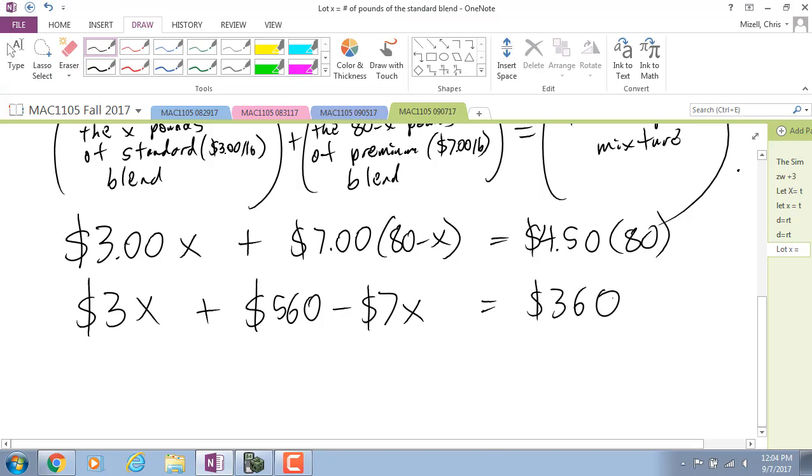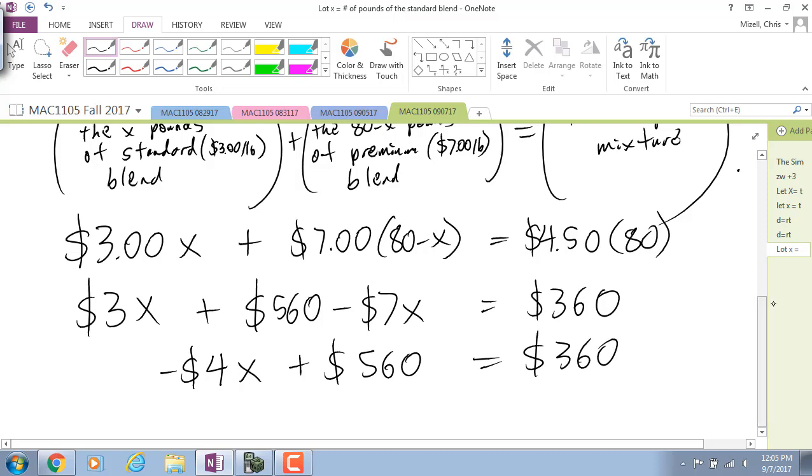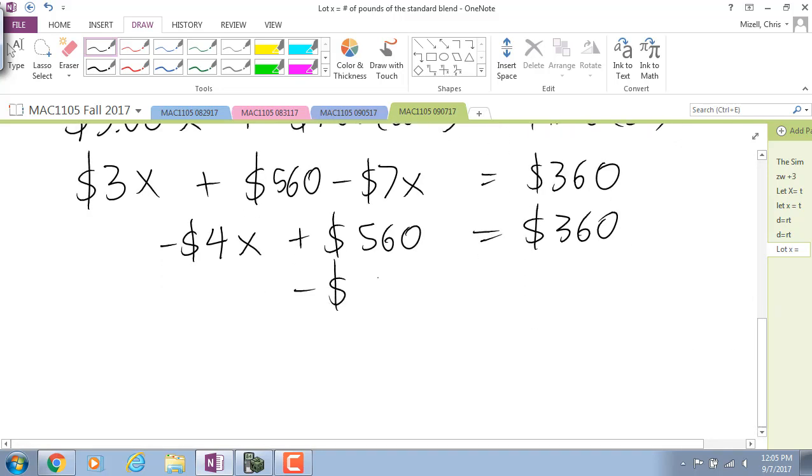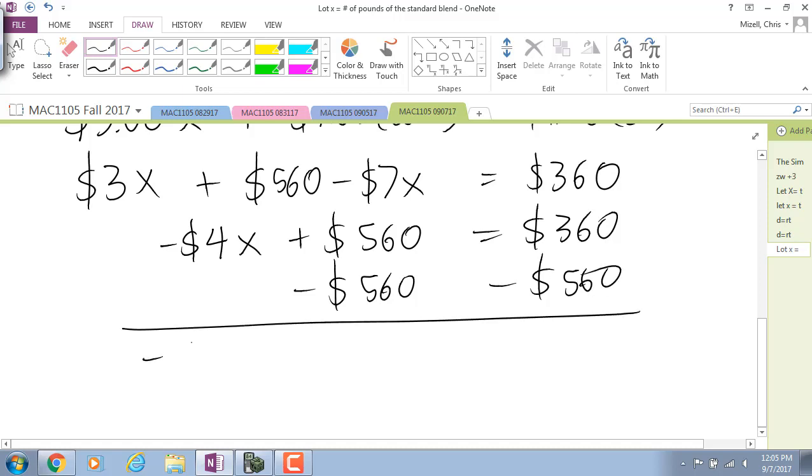Actually, the numbers might work out pretty nice here. Combining like terms on the left-hand side, we're going to have negative $4 times x. Isolate the x term by subtracting $560 from both sides and get negative $200 on the right-hand side.